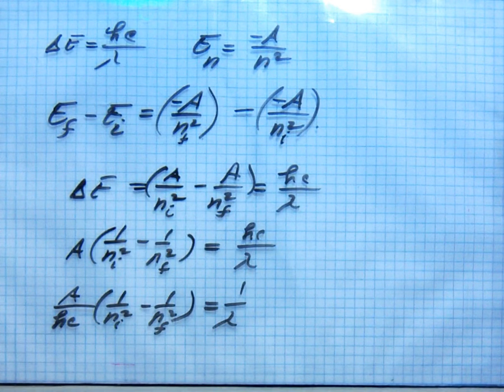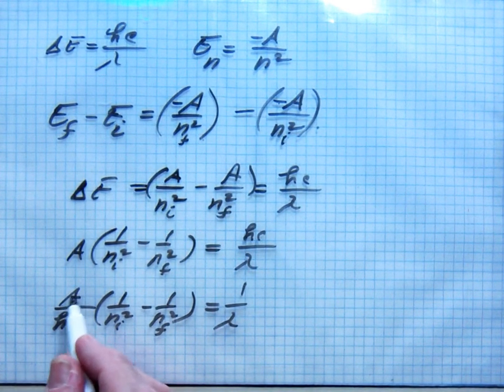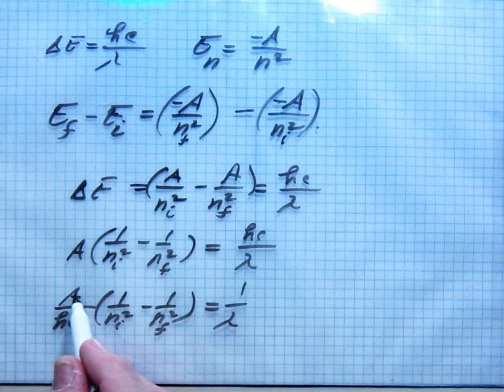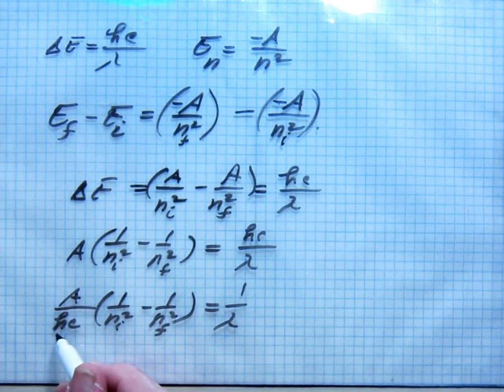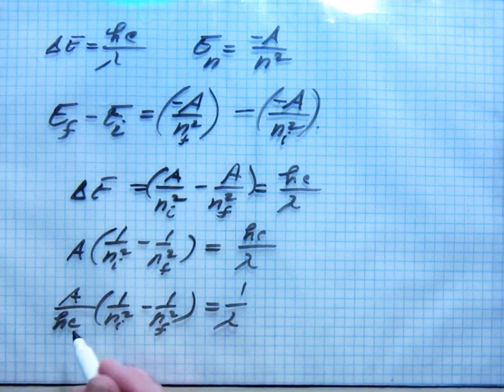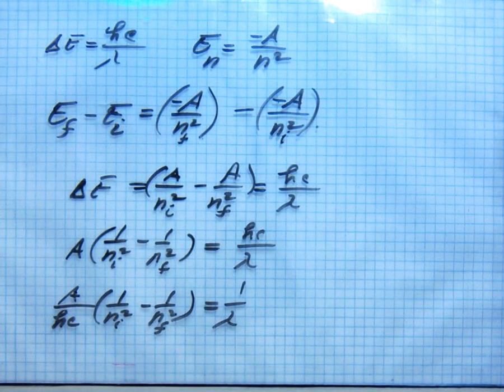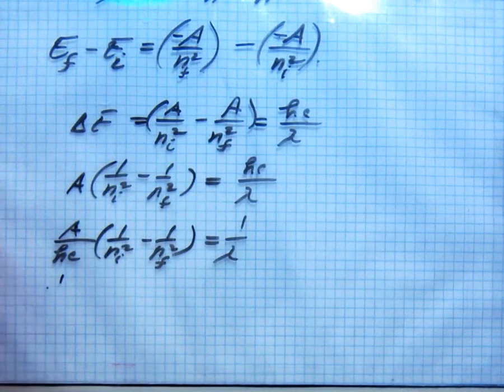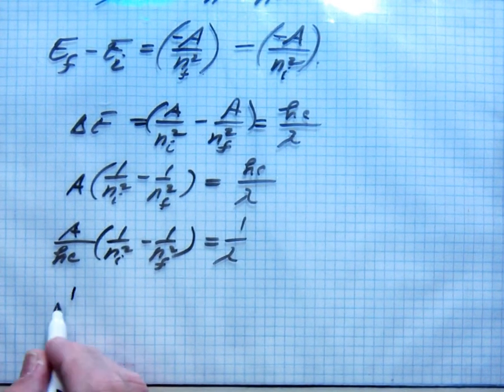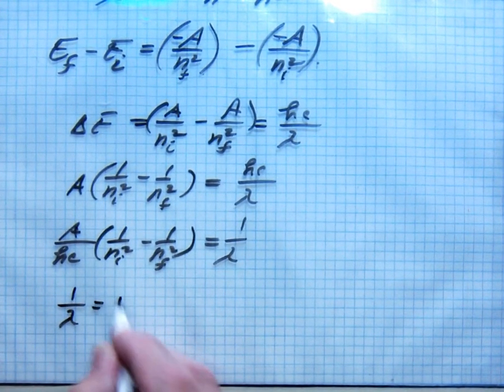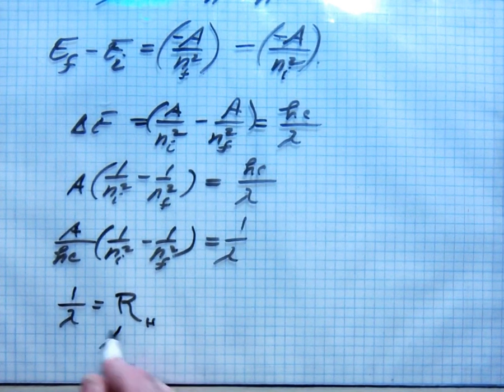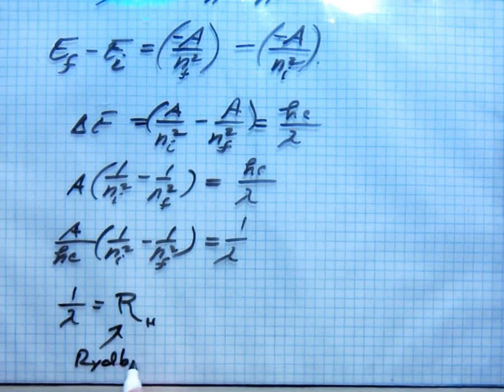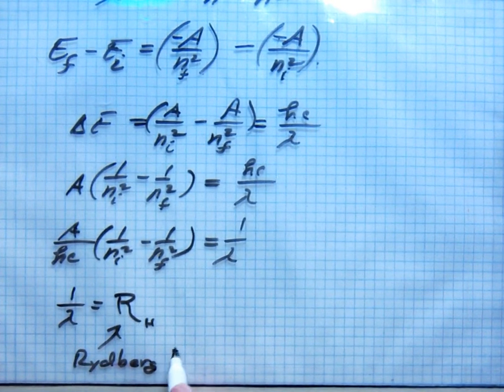Lambda, like that. Well, it turns out when you put in 2.18 times 10 to the minus 18 for A, and h is 6.63 times 10 to the minus 34, and c is 3 times 10 to the 8 meters per second, and rearrange it to reciprocal centimeters, what you come out with is 1 over lambda equal to R sub H. That's called the Rydberg wave constant.